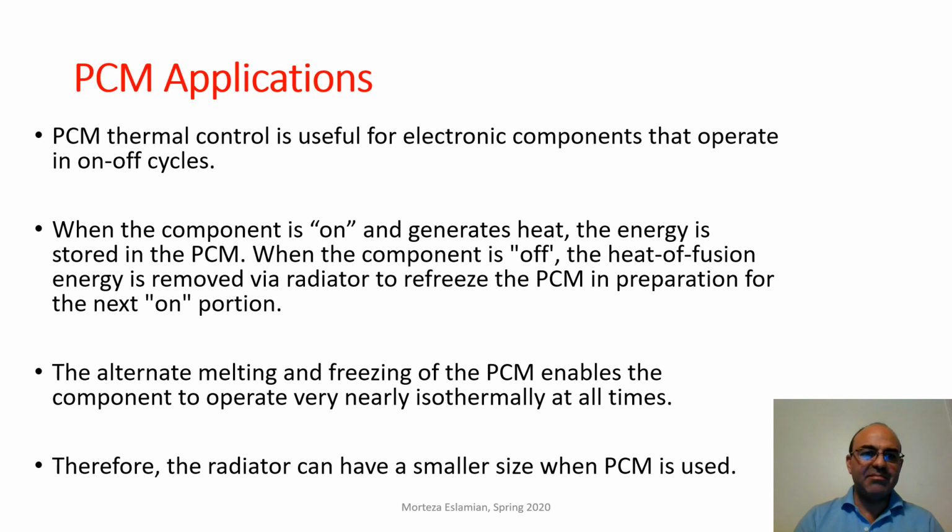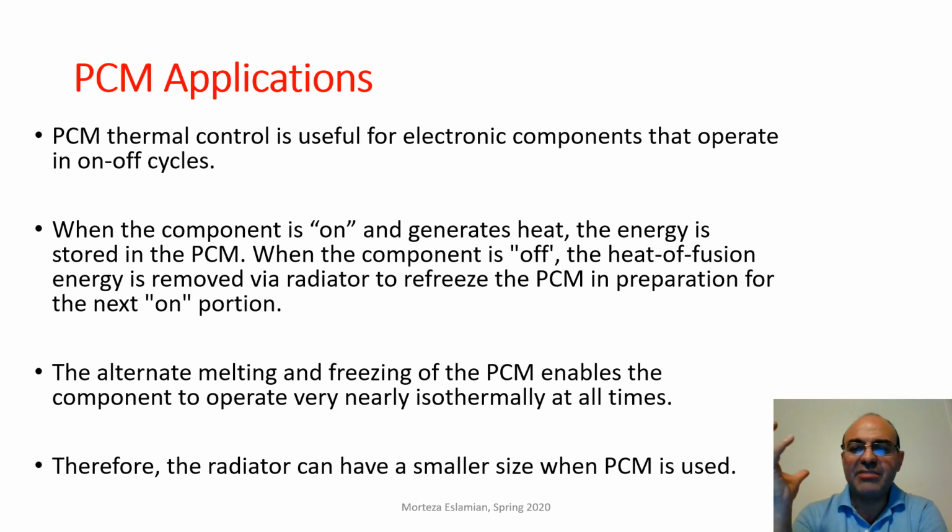So PCM thermal control is useful for electronic components that operate in on-off cycles. So they have multiple uses. One was the re-entry of the vehicle, but there are multiple uses. This is another use. When the component is on and generates heat, the energy is stored in the PCM.